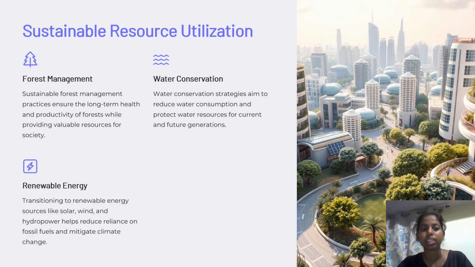Now let's see the sustainable resource utilization. The first is forest management, the second is water conservation, and the third is renewable energy. In forest management, sustainable forest management practices ensure the long-term health and productivity of forests while providing valuable resources for society.